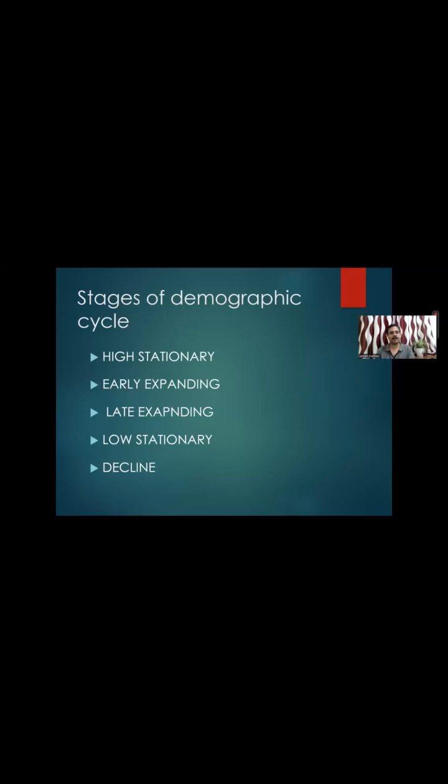The number of people born into a particular population during a particular time period. And what is death rate? The number of people who died in a particular population during a specific time period. These 2 things you have to keep in mind while studying the stages of the demographic cycle.